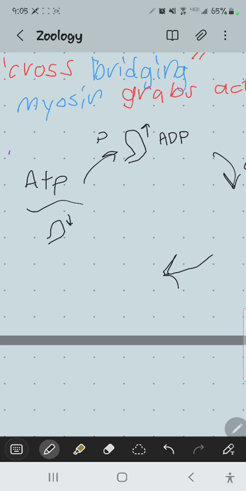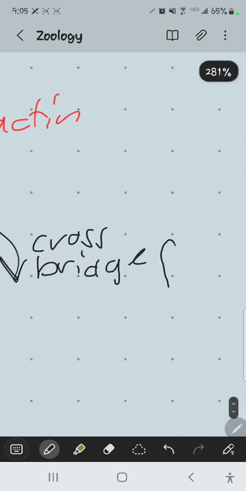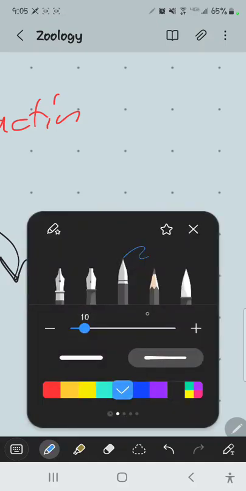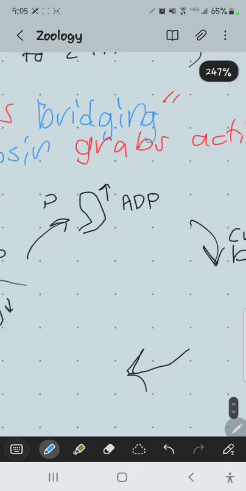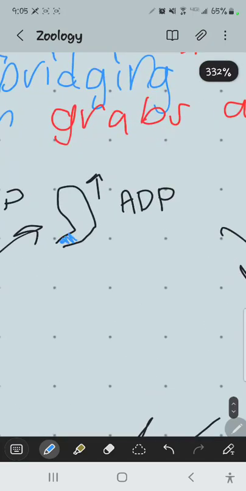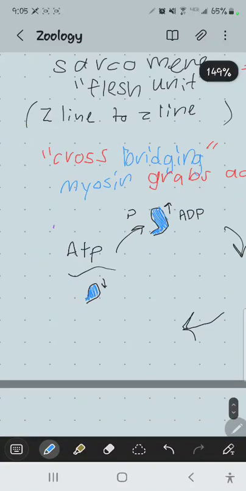I think of it like those old Western guns that have a hammer, and you pull the hammer back, using energy to pull the hammer back on a rifle or like a little 44 or Colt or something. So in this stage, ADP is formed, and the myosin head energizes or cocks, so it's ready to go.